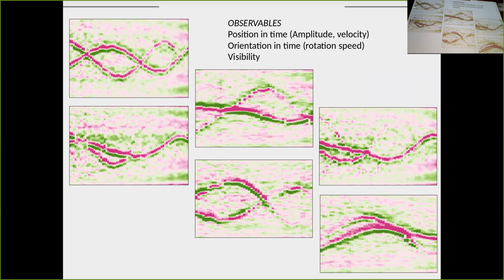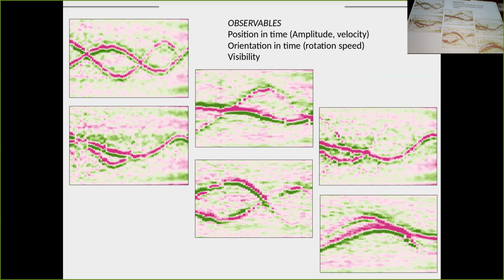For instance, if we observe, like here, a color sequence of the same type, like green, red, this means that the vortices are somehow oriented in the same direction. While in another situation, like here, we have a color sequence green, red, green. This means that the vortices are oriented the opposite way.